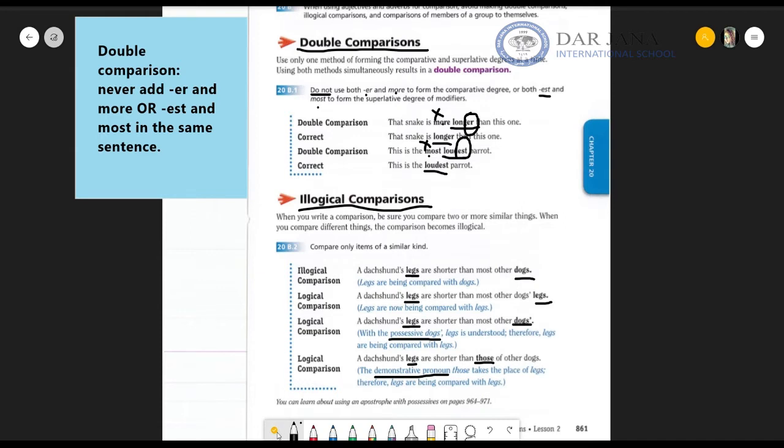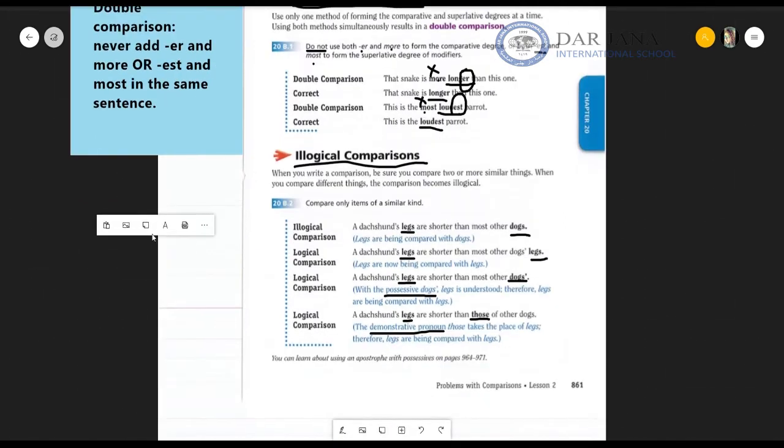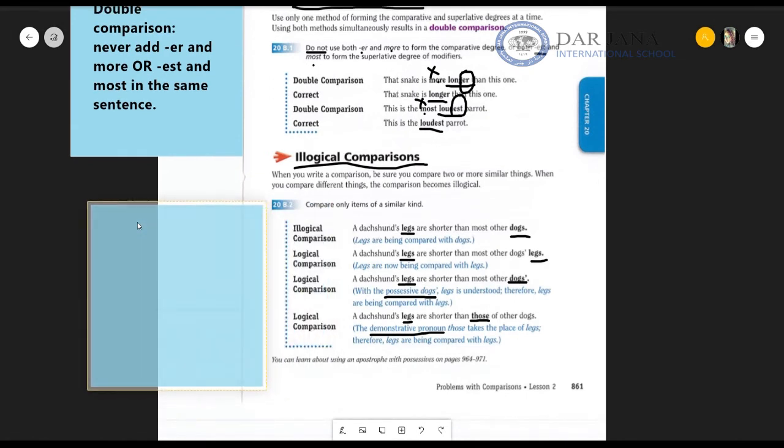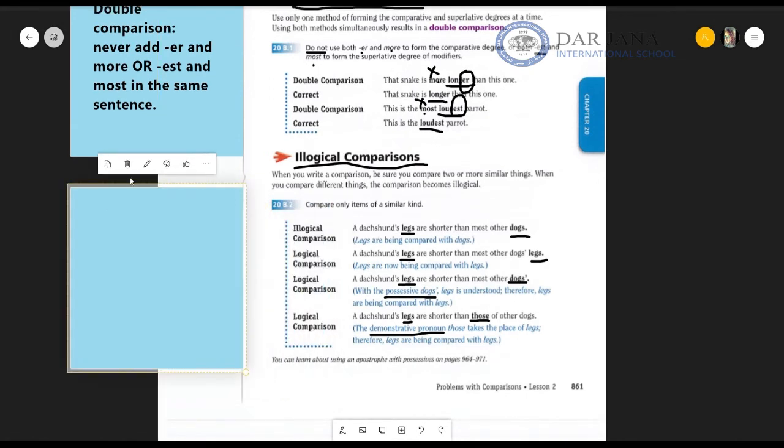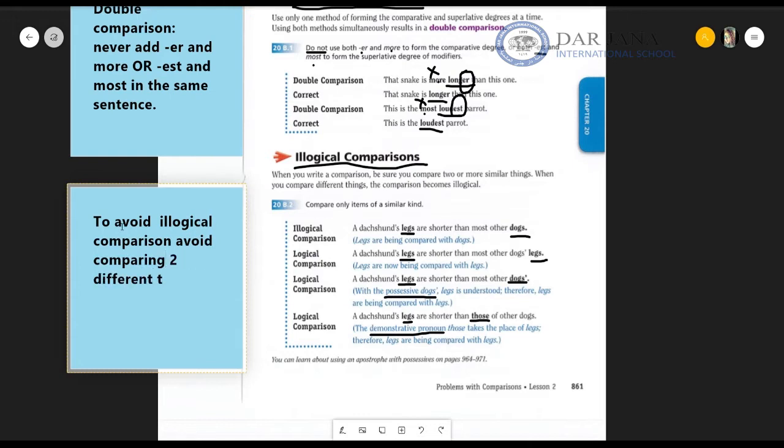So illogical comparison is when I'm comparing two different things, and in order to fix that, I have 3 different ways. So to avoid illogical comparison, avoid comparing two different things.